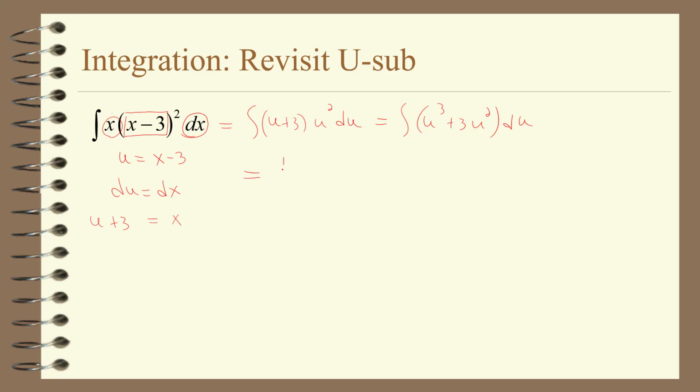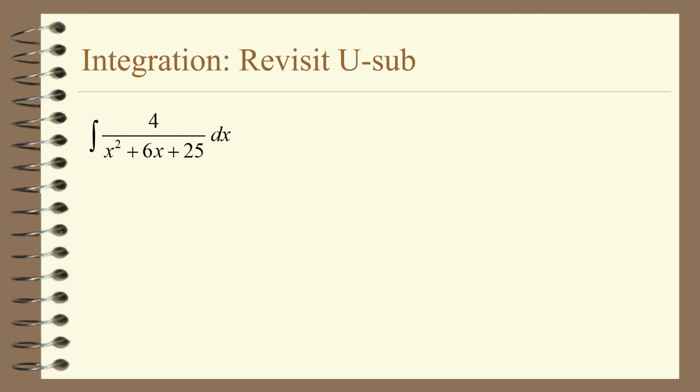That would then be 1/4 u to the 4th plus u cubed plus c, and that's the answer in terms of u. I wanted the answer in terms of x, so I'll just replace the u with the expression that's equivalent to get 1/4 (x minus 3) to the 4th plus (x minus 3) to the 3rd plus c, and that's the antiderivative.